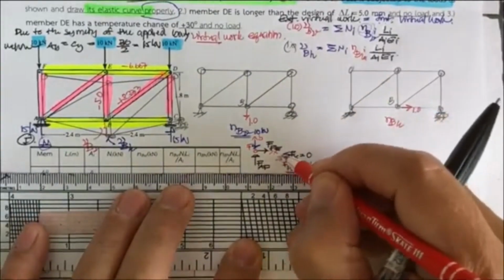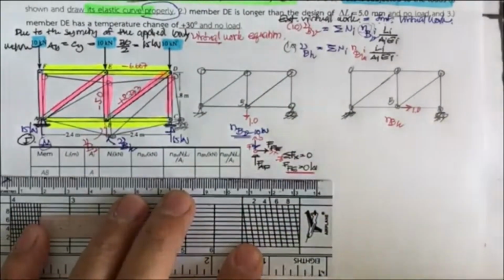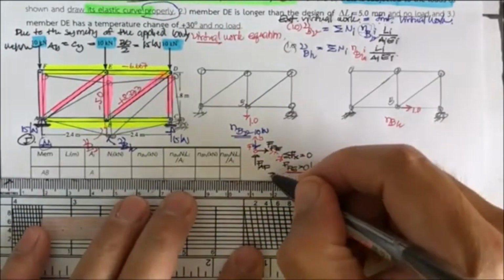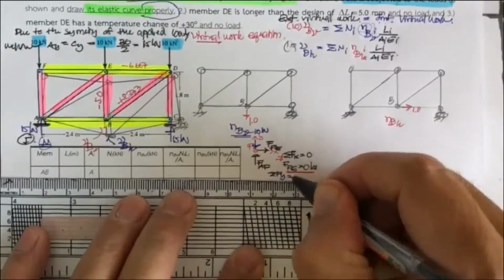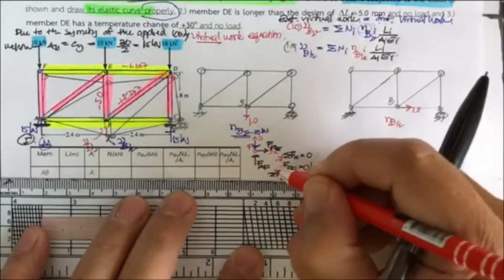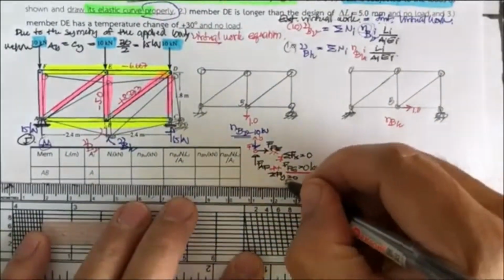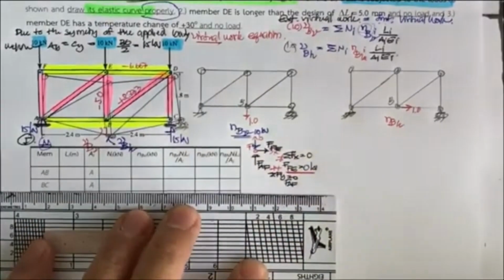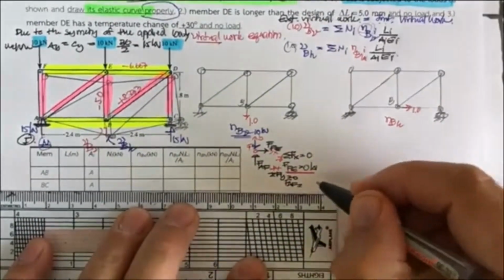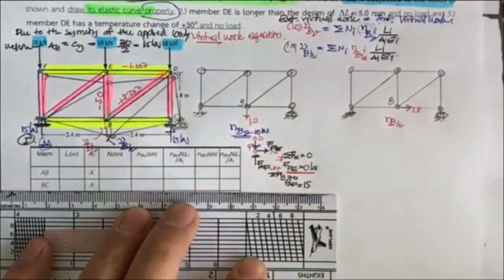And then we put this as positive. The next one, if you do the summation of F sub Y equal to 0, this time you put this one up as positive. So F sub AF is going to be what? Is going to be 15 this time.